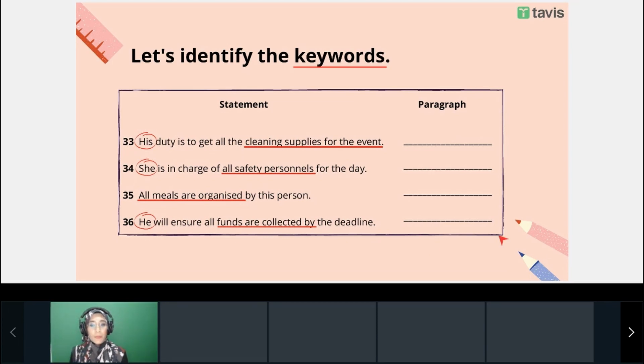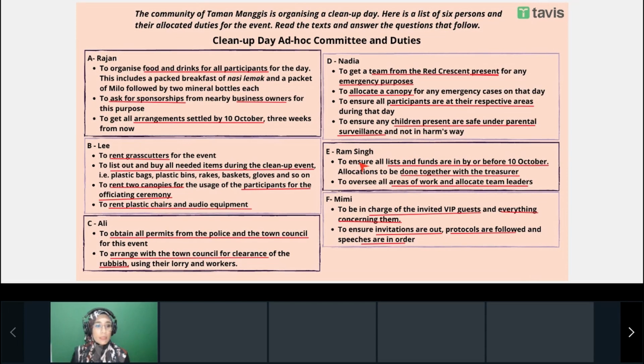So what can we see from here? His duty is to get all the cleaning supplies for the event. Now, who is in charge for the cleaning supplies? Okay, let's take a look. Now, we only need to identify male names.